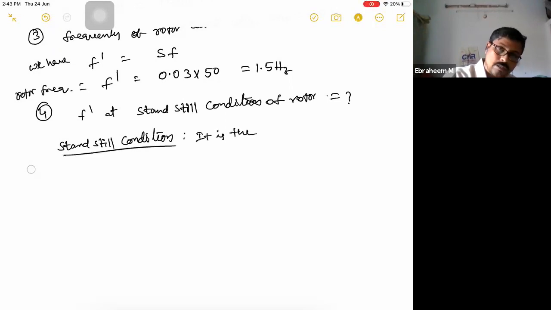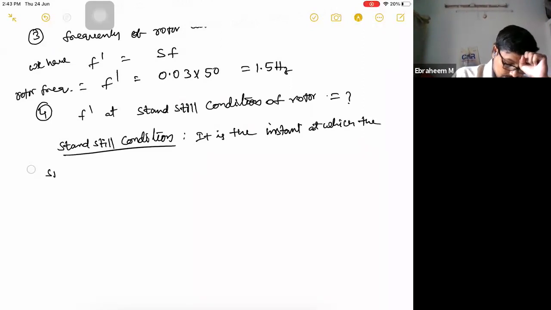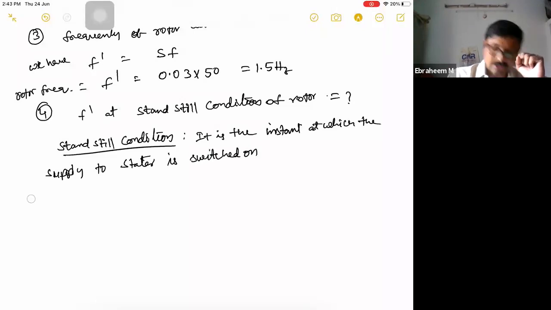It is the instant at which the supply to stator is switched on. So it is the instant at which the supply to stator is switched on, right?